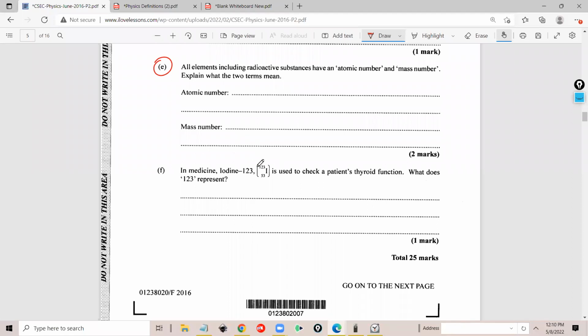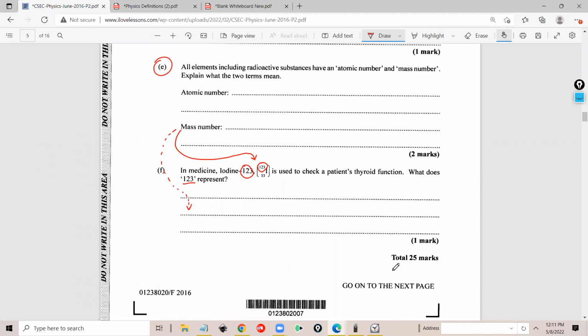The 123 is the mass number, which represents the total of protons and neutrons. So you're almost rewriting the same answer here, but you just use the number 123.